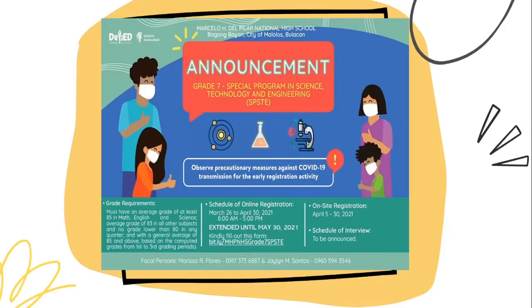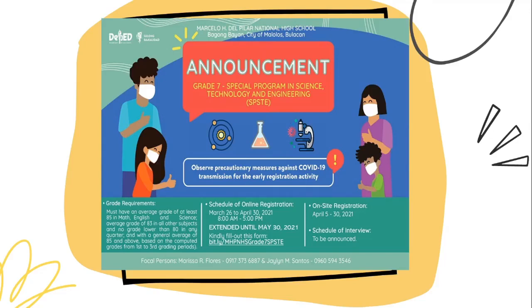Good news, Delpilarians! Our online registration for the special program for science, technology, and engineering is extended until May 30, 2021. Schedule of registration is from 8 a.m. to 5 p.m. For the schedule of interview, please wait for further announcements. Incoming grade 7 students must have an average grade of 85 or higher in math, science, and English, and an average grade of 83 in all other subjects.